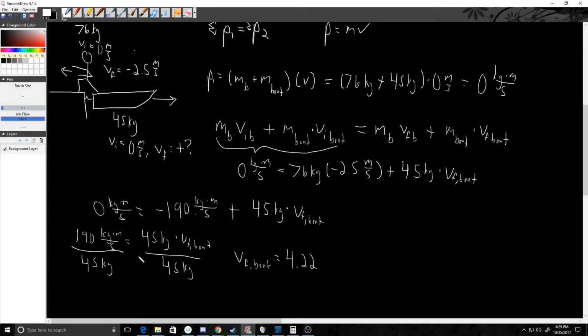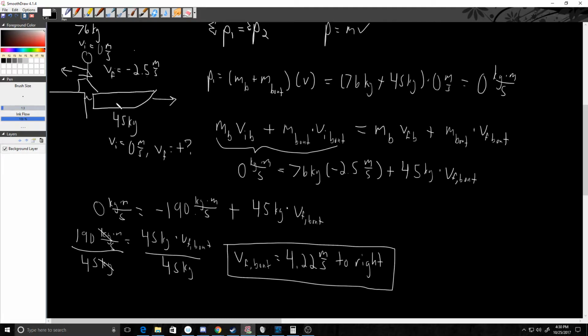Kilograms cancels kilograms, leaving meters per second. And in this case, it is important that I list the direction. If the person is stepping to the left, I need to indicate that the boat will be moving with a velocity of 4.22 meters per second to the right.